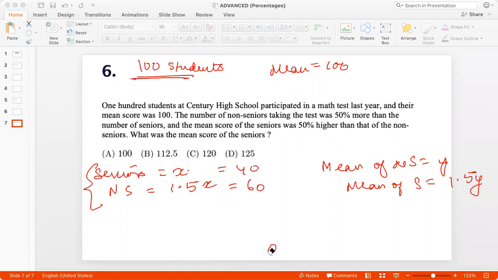And we know that the average for the non-seniors is y and the average for the seniors is 1.5y.